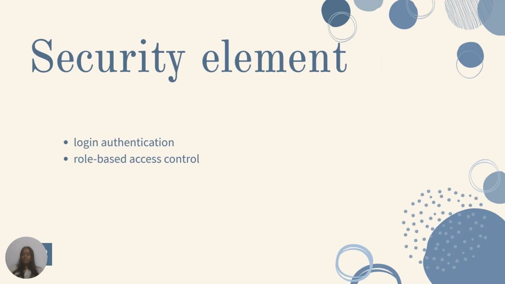And last but not least is the security element. For the security element, we have two: login authentication, where we have a strong password login authentication, and role-based access control. If the student is applying, they have their own way to log in.